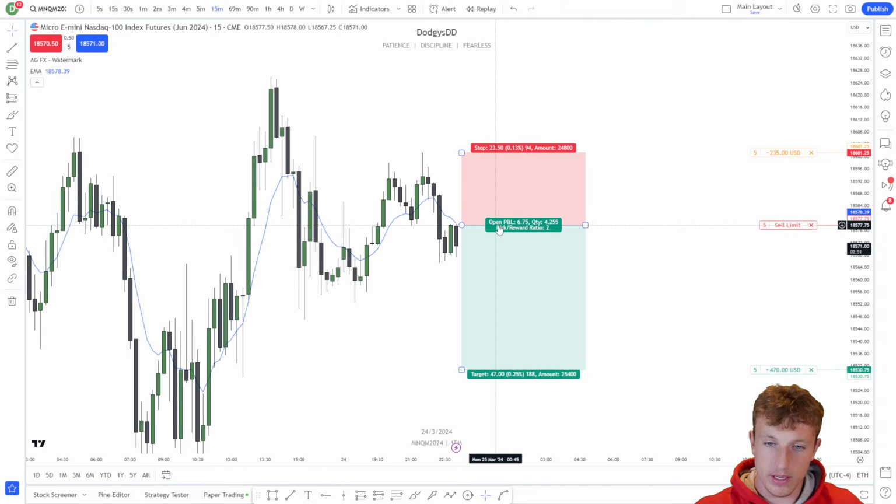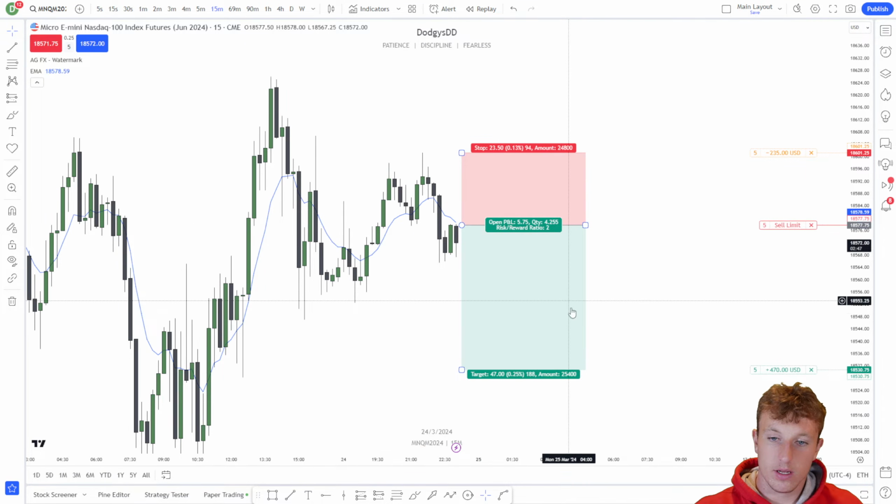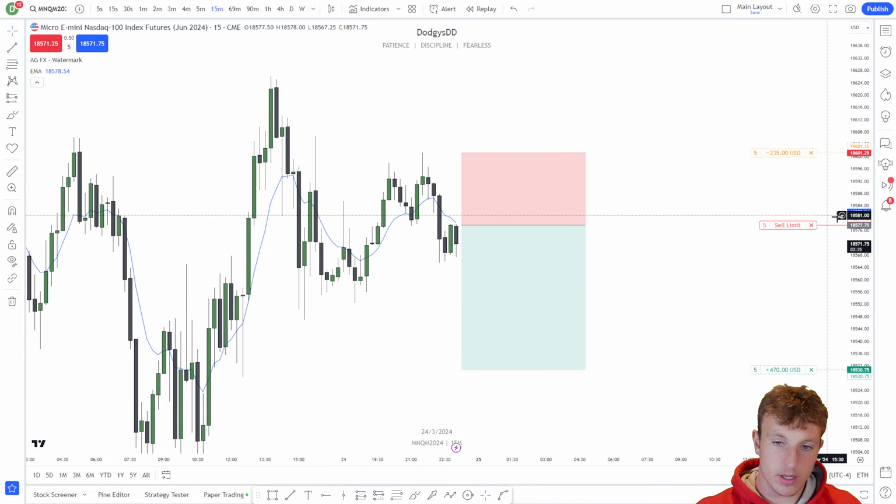You would be risking 0.5%, about $250, in order to make 500. So you could double your money and make 1% off of only risking 0.5%, which is very good.